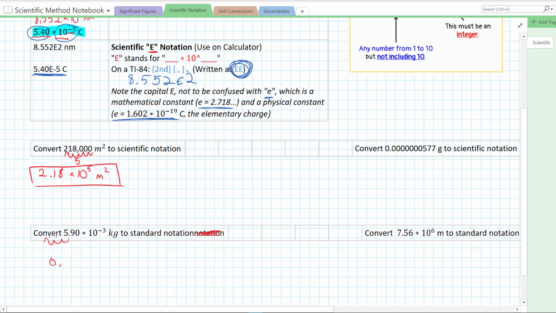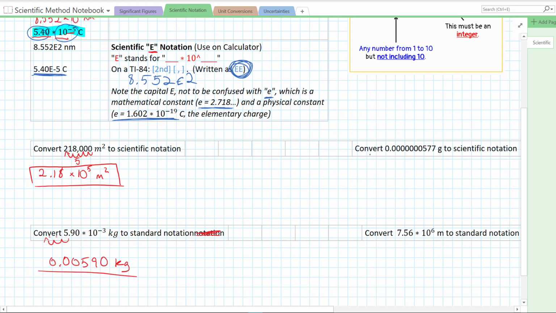There's going to be 2 zeros in front of the 5, 0.00590. Our units are still kilograms. I added that 0 at the end because that's going to leave the number of significant figures the same. We'll talk about significant figures in a different class.